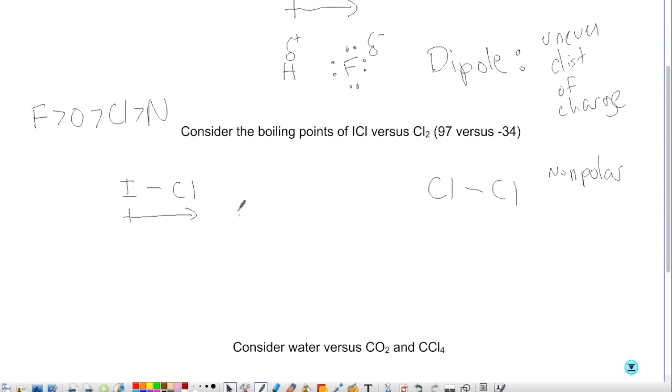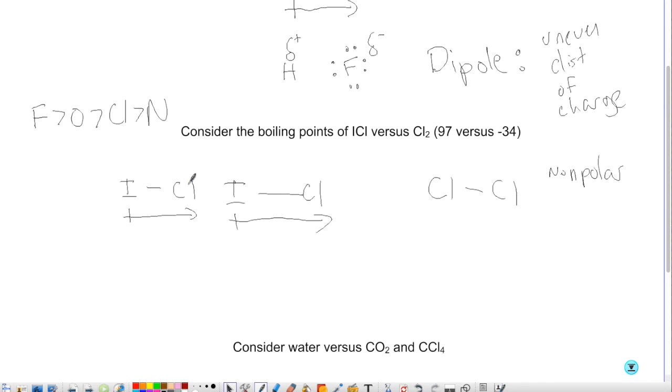So what's going to happen is, if I have, let's say, one molecule of ICl here, I could get another molecule of ICl here, where the positive end of one compound is next to the negative end of another compound. And you think that seems kind of like what happens in covalent compounds. Yes, okay.